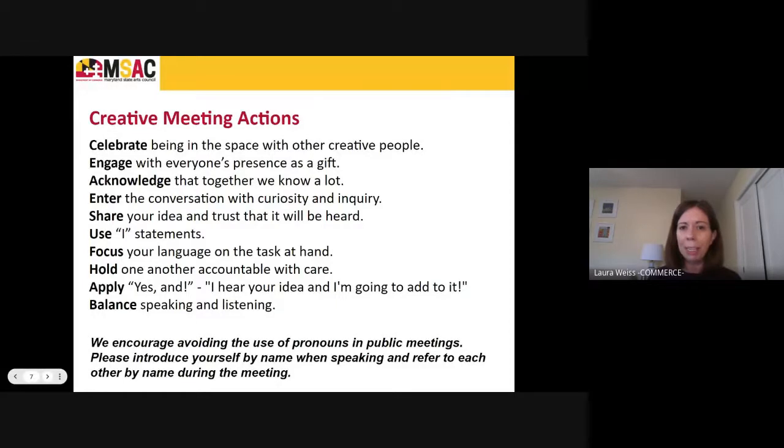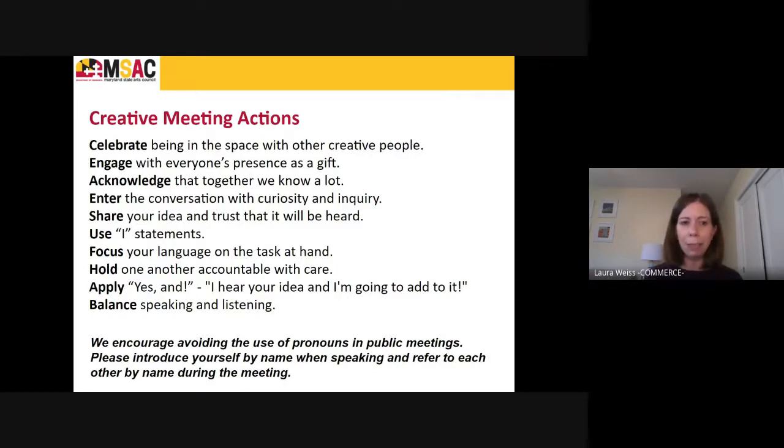We also begin all of our meetings with what we call our creative meeting actions. So these are ideas to keep in the back of your mind as we go through today's session. And that is to celebrate being in the space with other creative people, engage with everyone's presence as a gift, acknowledge that together we know a lot. Enter the conversation with curiosity and inquiry. Share your idea and trust that it will be heard.